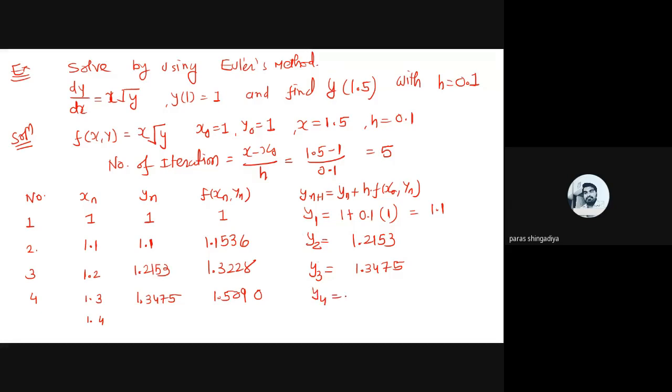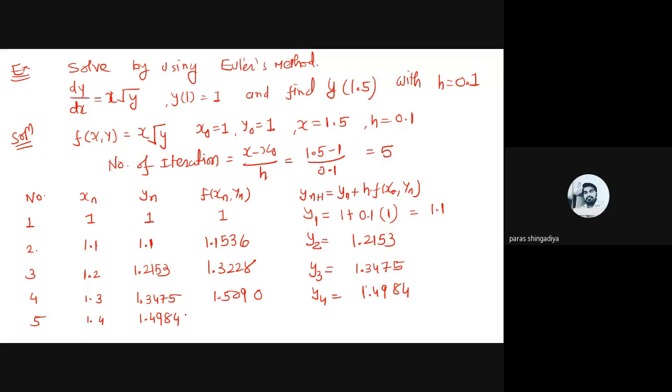Okay, and now check the iteration y4. So y4 is equal to 1.3475 plus 0.1 in the bracket 1.5090. So it is 1.4984. Okay, the answer of y4. And now last answer, fifth iteration: x4 will be 1.4, y4 we have derived 1.4984.